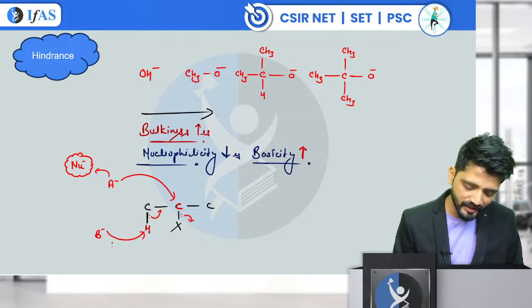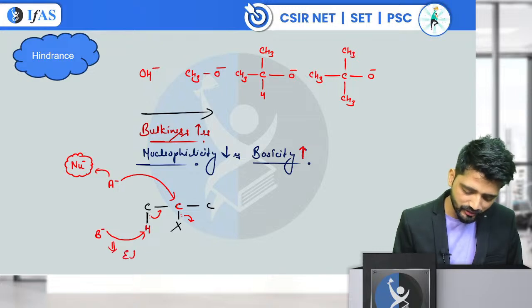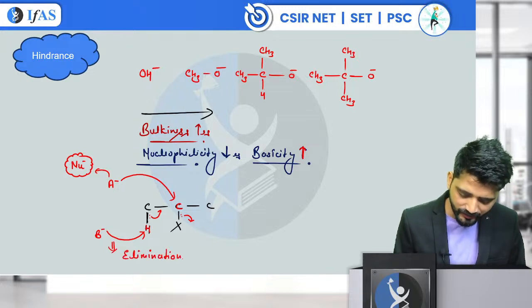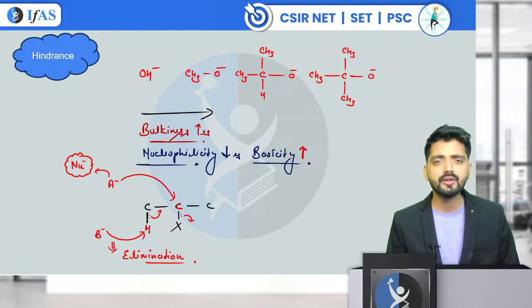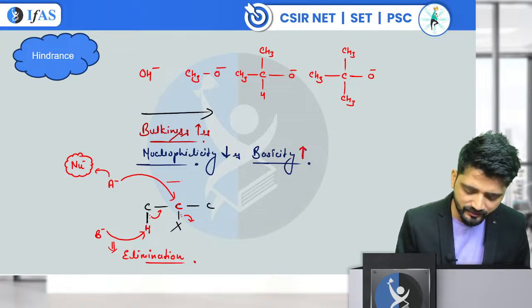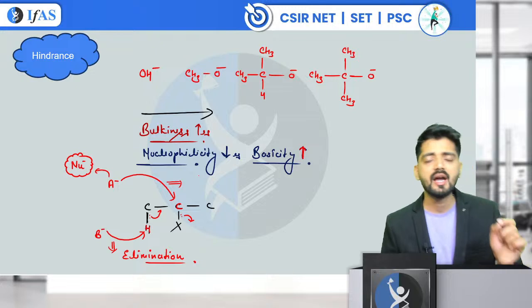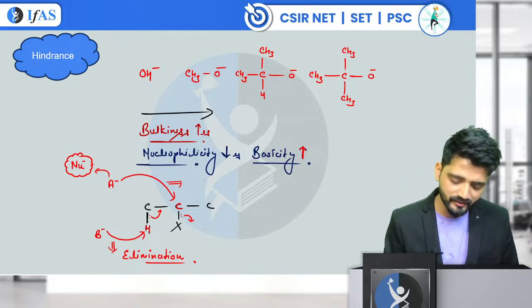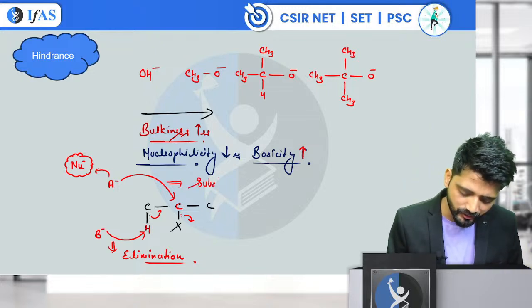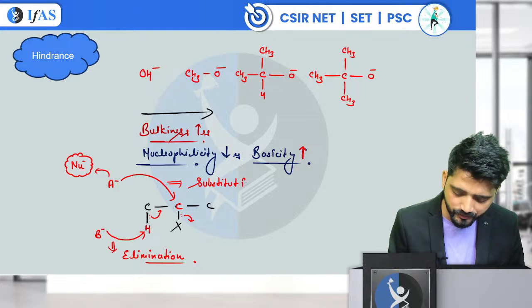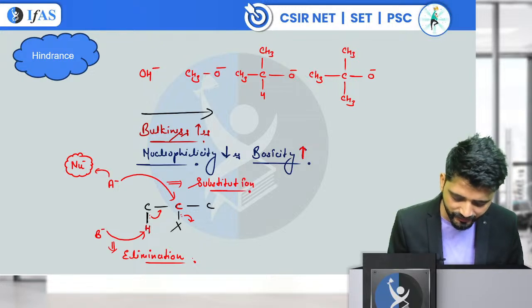Such reactions are called elimination reactions. Of course, when an anionic center is behaving as a base, it is going to do an elimination reaction, and anions which are attacking at the carbon center are performing substitution reactions. So this is how substitution and elimination are related to each other.